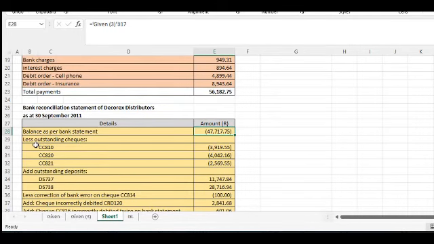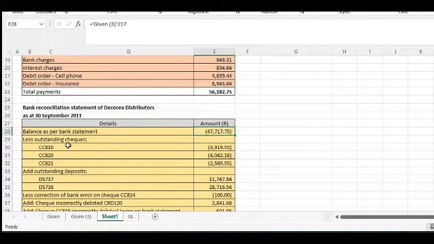Then I must subtract the outstanding checks, because if they are issued, then it will further negatively impact my bank account. So I'm going to subtract that. I'm starting with a negative balance already, by the way, so that's why it's in brackets.